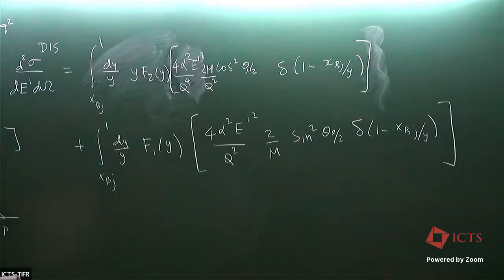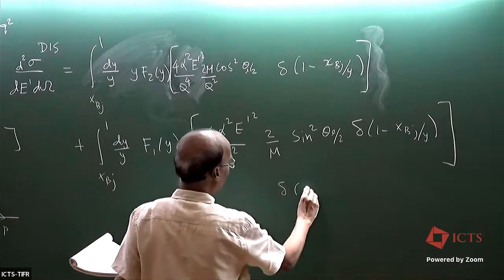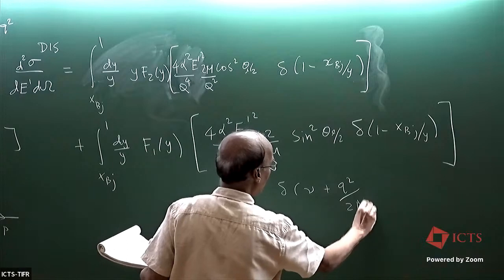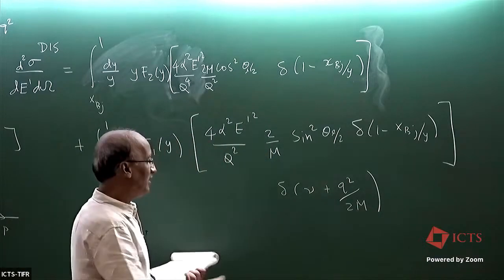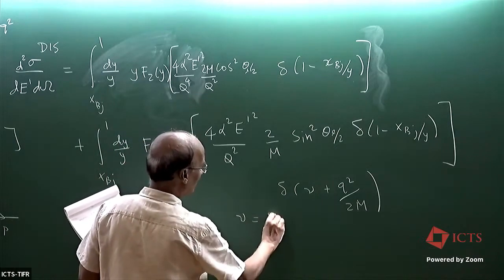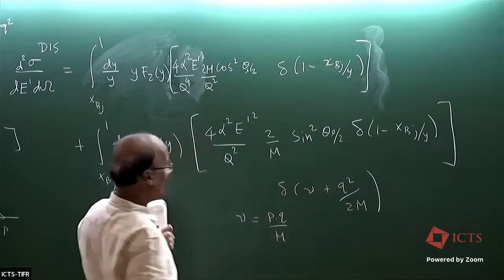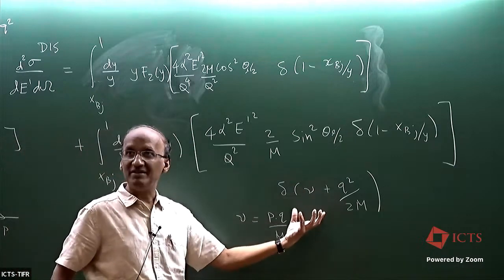More precisely, it was a delta function that was telling you how this q square and p dot q are related. So nu was simply p dot q divided by m.